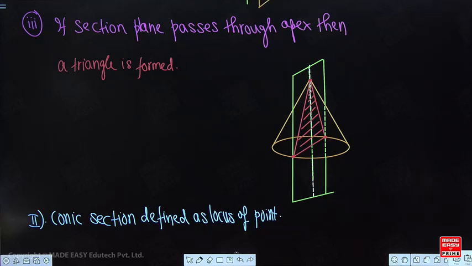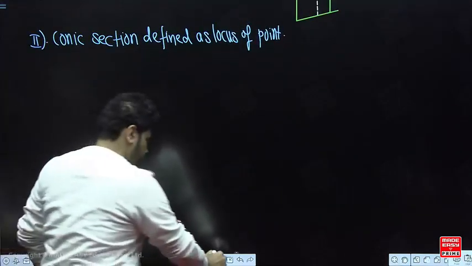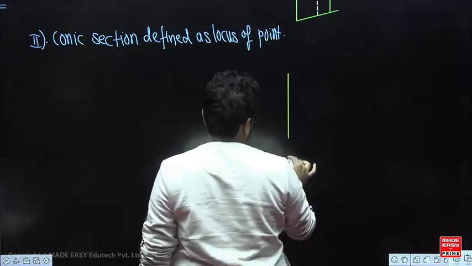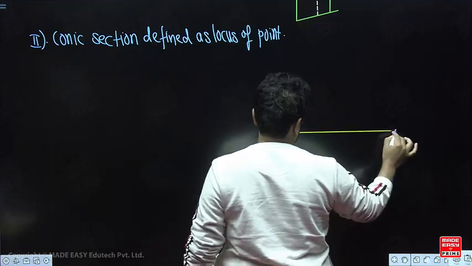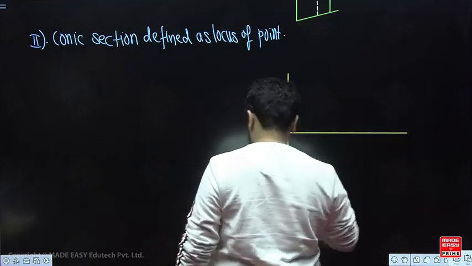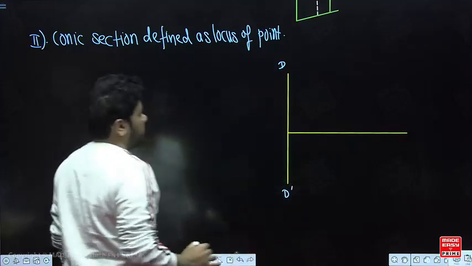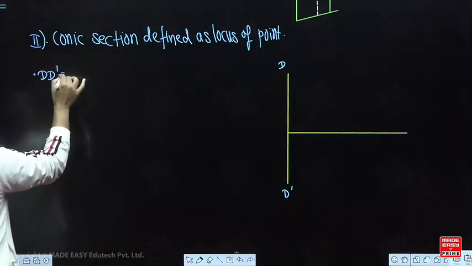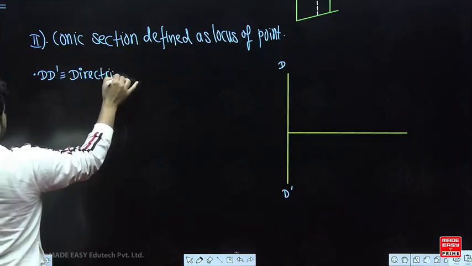Okay, so done everyone. Next, conic section defined as locus of point. See, suppose this line is DD dash, right? So this DD dash is called the directrix. DD dash, इसको बोलते हैं directrix, correct?